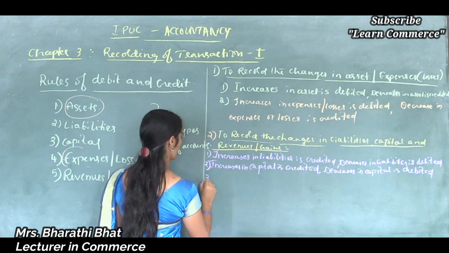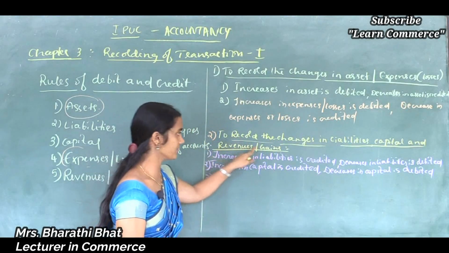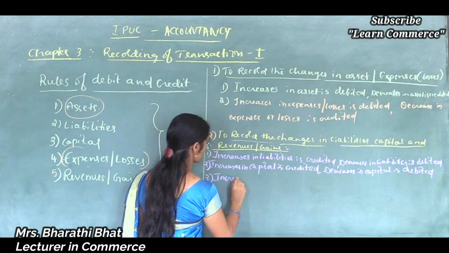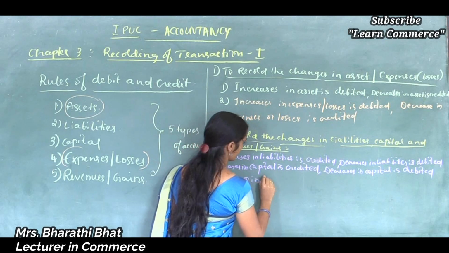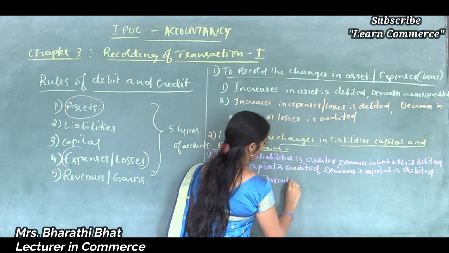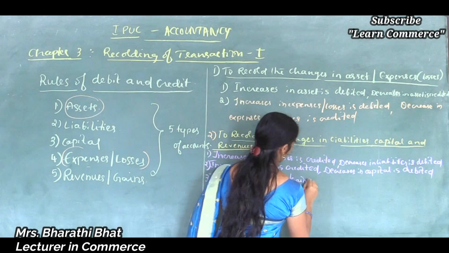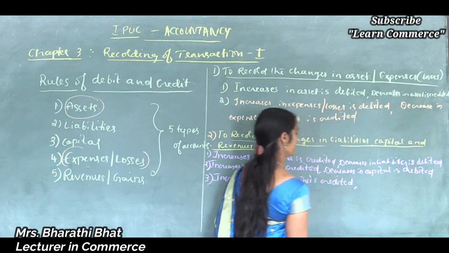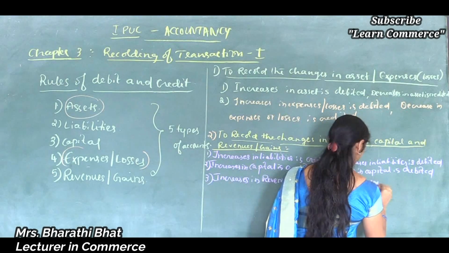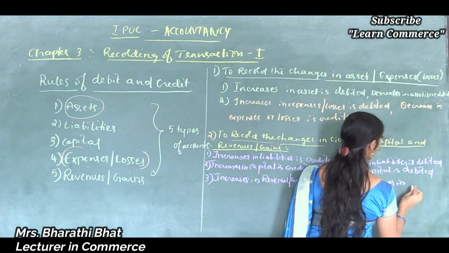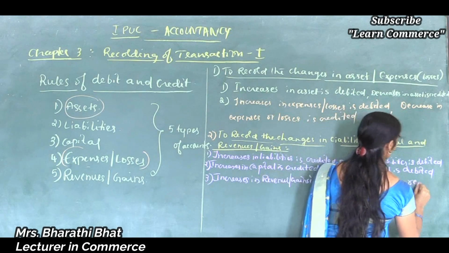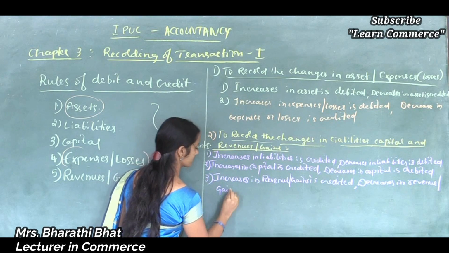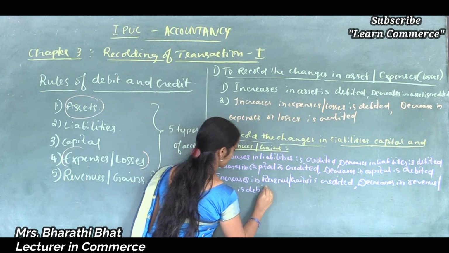And one more account is to record the revenues or gains. We need to follow this rule, that is increase in revenues or gains is credited, decreases in revenue or gain is debited.